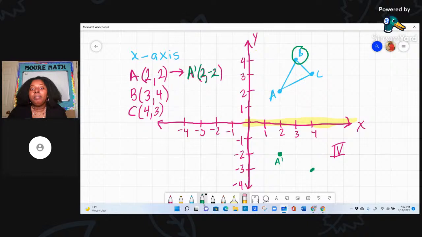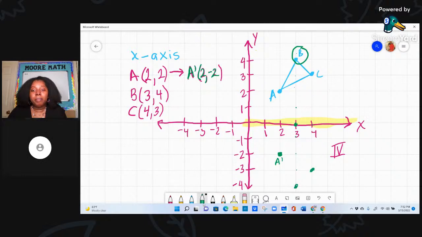So if I go from the x-axis right here, how far do I have to go up to get to B? 4 times. 1, 2, 3, 4. Okay, now do I go to the right to get my reflection, or do I go down for my reflection of B? Down. Okay, so we do 1, 2, 3, 4.